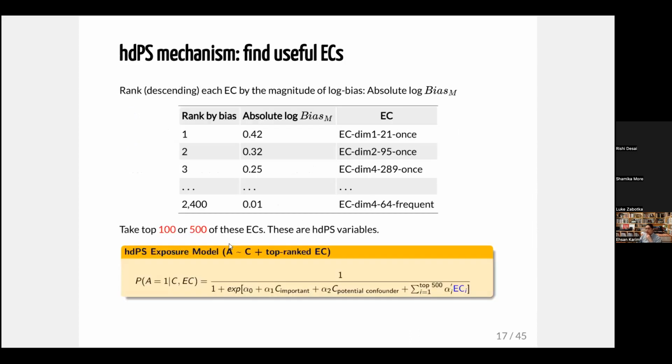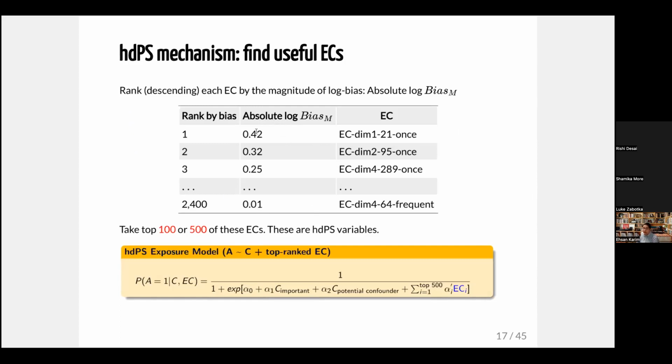So obviously we had 2,400 empirical covariates, and we can simply use the Bross formula. Here I'm basically taking the absolute log bias, and we got some quantities. Say, for example, the first one was associated with 0.42, the second one with 0.32, and obviously this table is ranked so that we have the biggest absolute log bias at the top and the least at the very bottom.